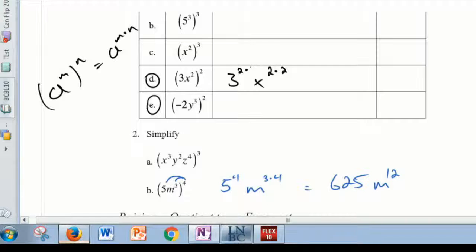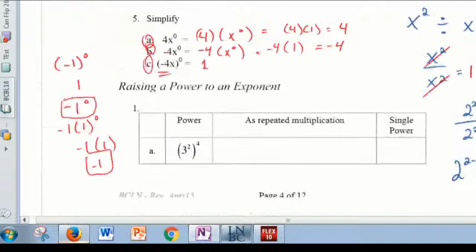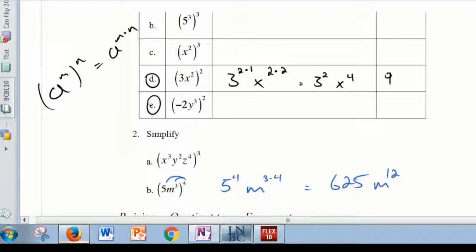The exponent on the 3 is 2 times 1, but I don't write in the 1 because I know it's there. So I get 3 squared and then x to the 4, and 3 squared I could write as 9. I assume they want the answer here: 9x to the 4, or 3 squared x to the 4.